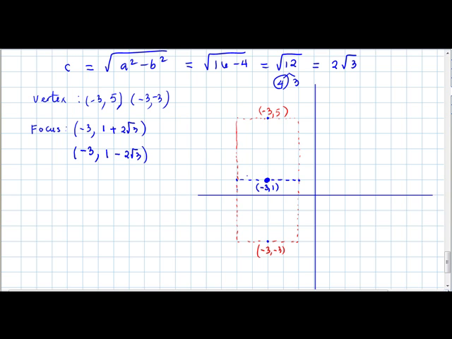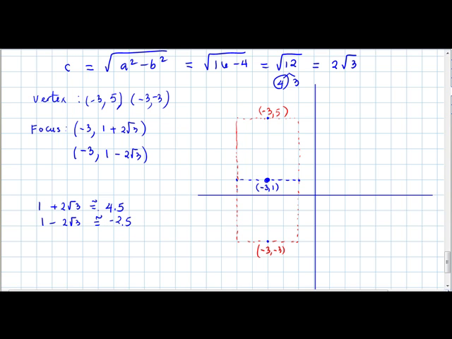So I want to know approximately what 1 plus 2 times square root of 3 is, so I can graph my focus. So I'll take the square root of 3 and use my calculator. So what I do, I put this value in the calculator. I'm looking for approximately, which is equal to, show me the graph. So I take this 1 plus this, equal to approximately 4.5, and 1 minus 2 times square root of 3 is approximately minus 2.5.